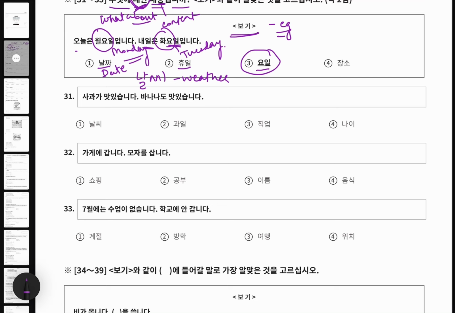Hyuil is holiday. Yoil is day of the week. Jangso is place. So we can clearly see that we are talking about day of the week, so we will choose the third one. Let's move on to the 31st one, which is the first one in the ilgi.